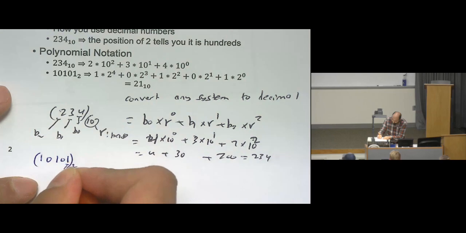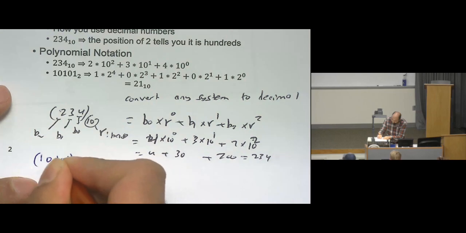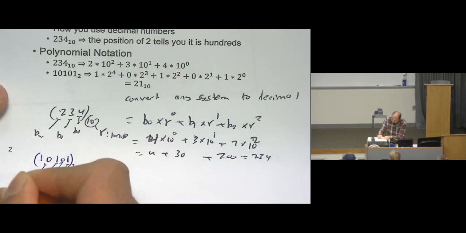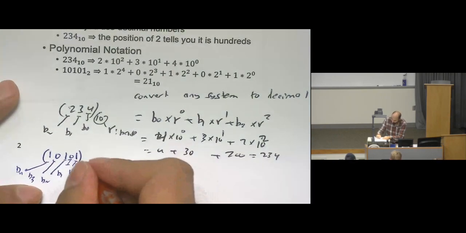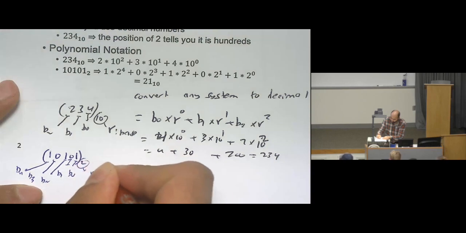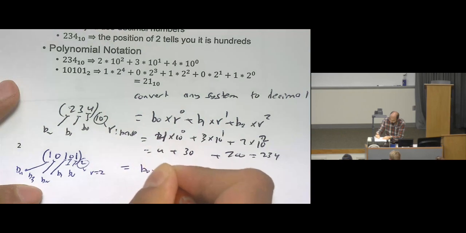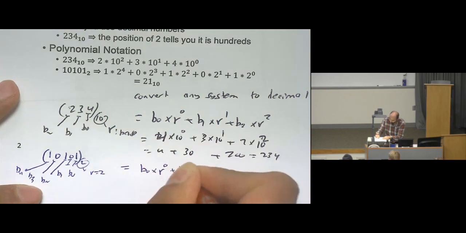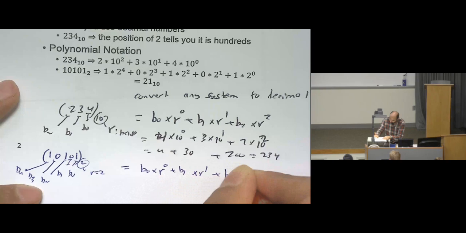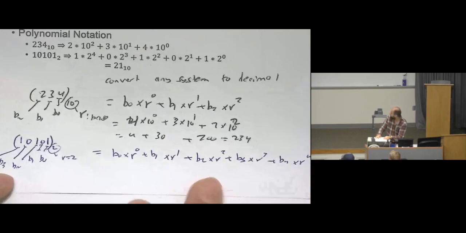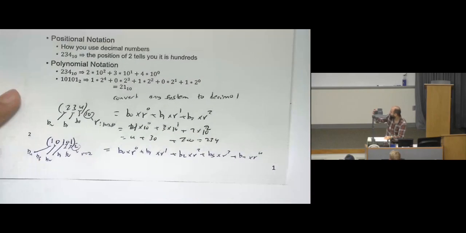Then we will say this is bit 0, this is bit 1, this is bit 2, this is bit 3, here is bit 4, and the base here is 2. So basically it's going to be B0 times R power 0 plus B1 times R power 1 plus B2 times R power 2 plus B3 times R power 3 plus B4 times R power 4. This can be applied for any number.